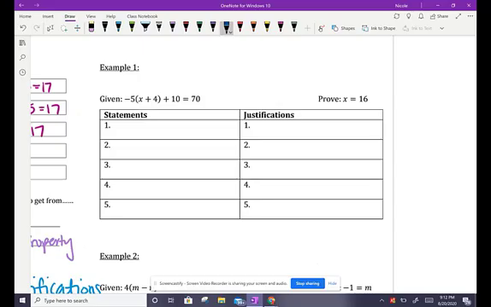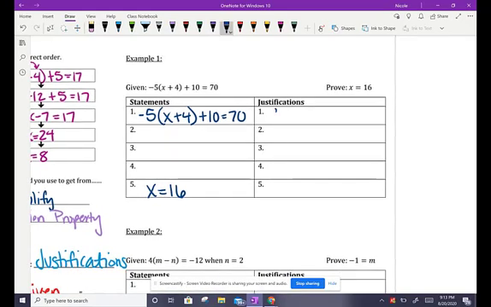So for example 1 here, my first statement is the given. So I'm going to rewrite this: -5(x + 4) + 10 = 70. And my prove is the last statement, x = 16. This is my given.